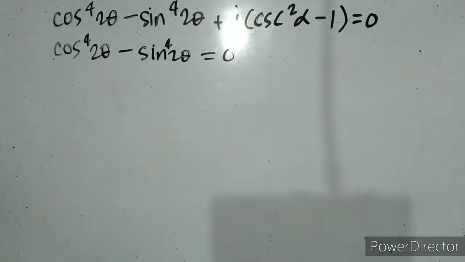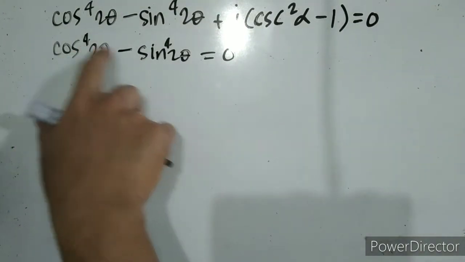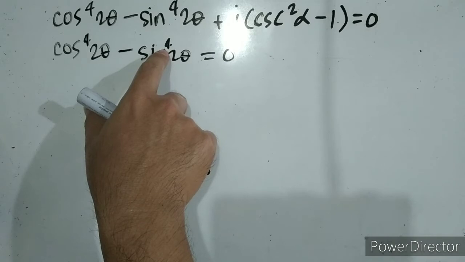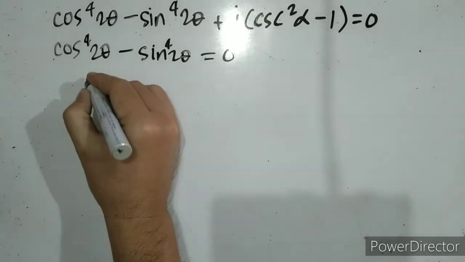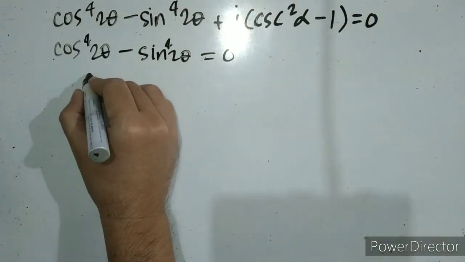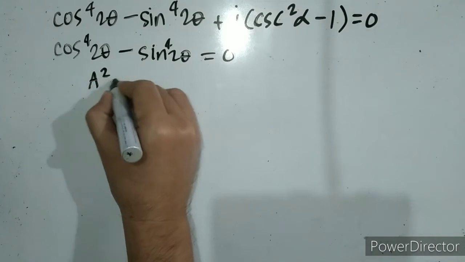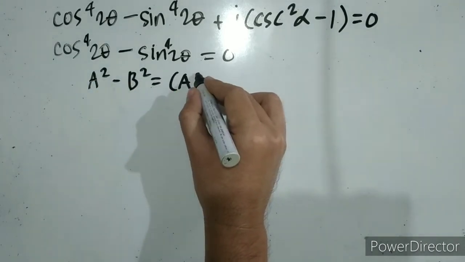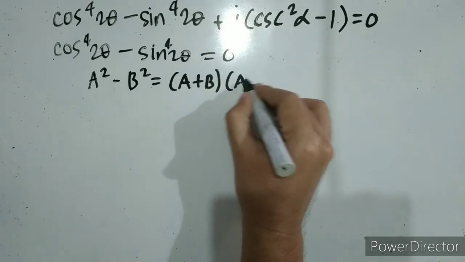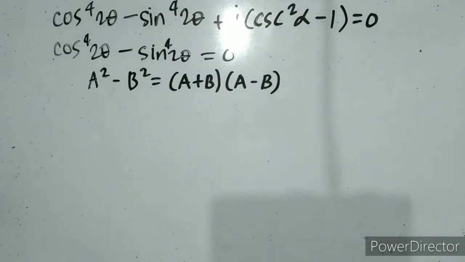Although this is to the fourth power, we know that the fourth power is the square of a square. If you recall, a squared minus b squared is equal to a plus b times a minus b.